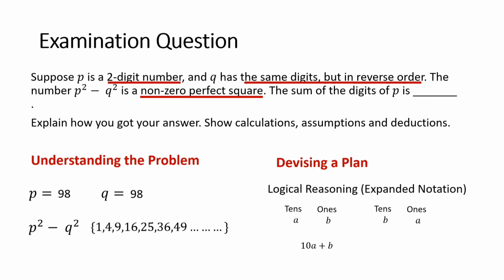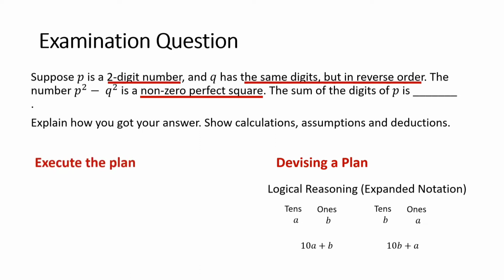The expanded notation of Q will be 10B plus A. This would represent the value or the expanded notation of the number Q. Remember, we require the sum of the digits of P. So if we were to sum these two digits, then perhaps this can lead us to the answer.